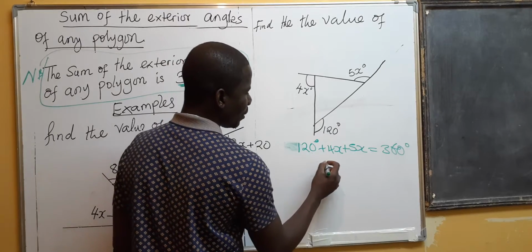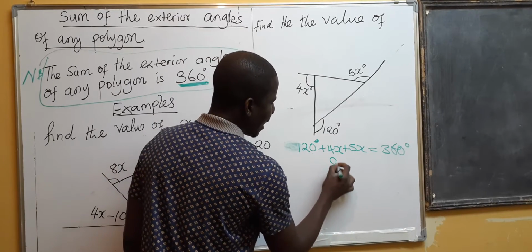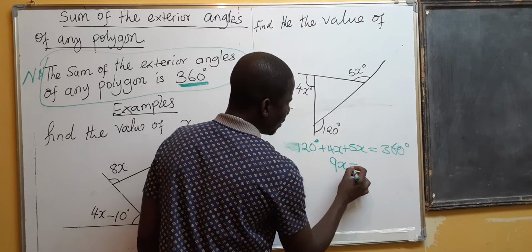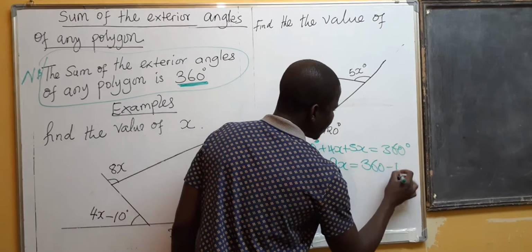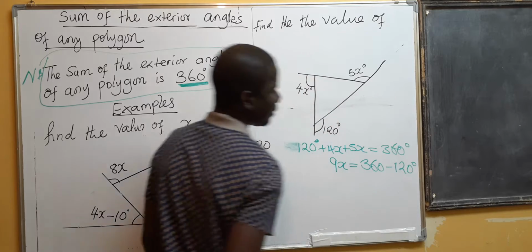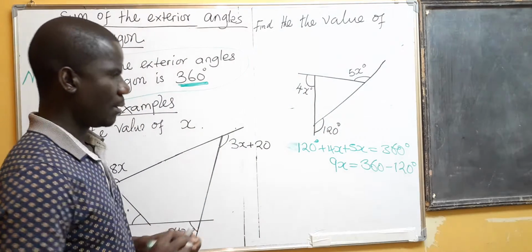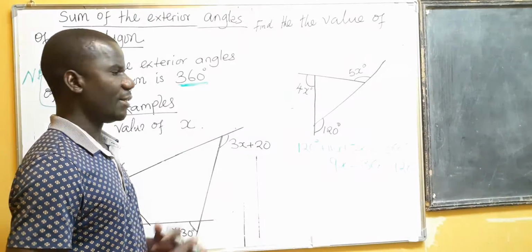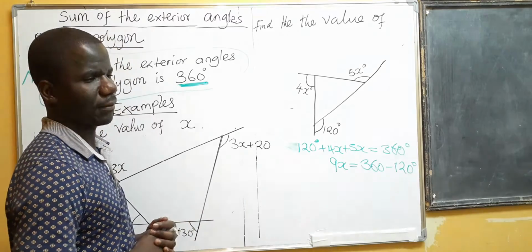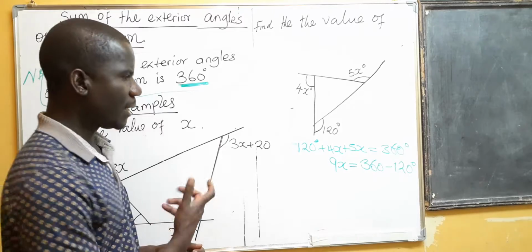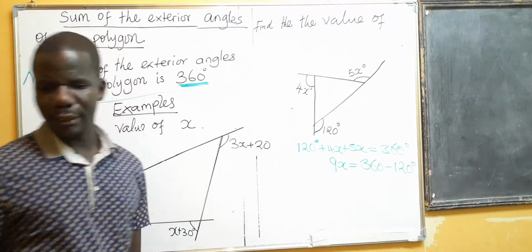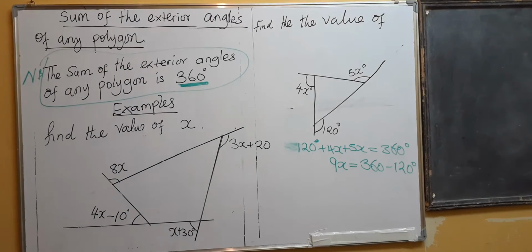Then this is going to give us 9x is equal to 360 minus 120. Are we together?